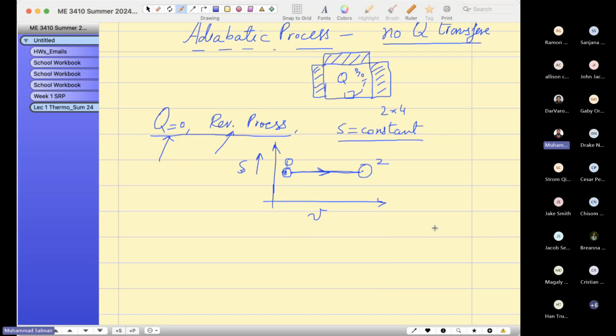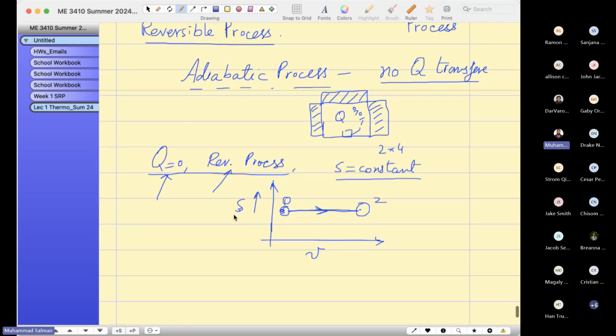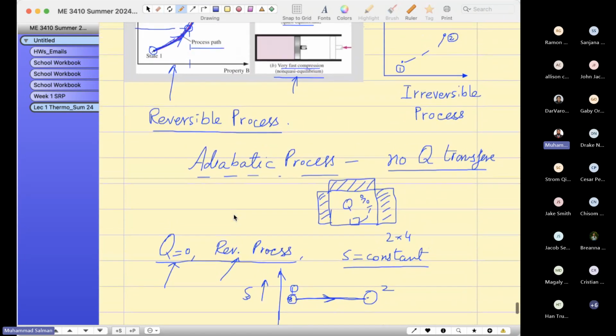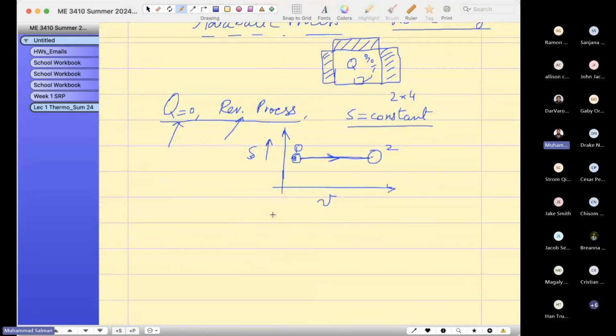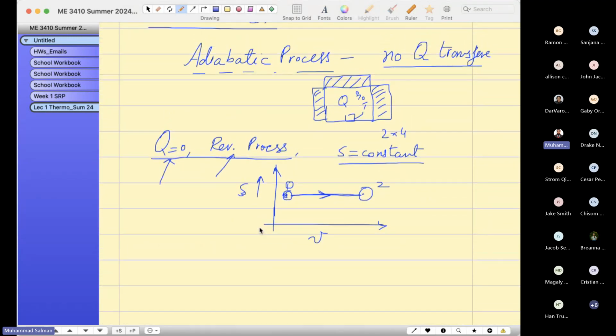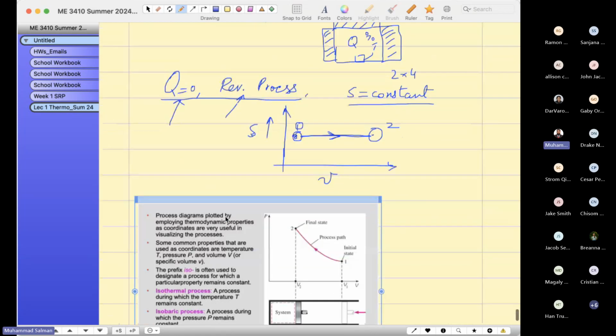We will have more conceptual comprehension later on, but I'm just alluding to the different types of process and the significance of it: if you see a constant entropy process, you should certainly say that it's a perfectly insulated process. The heat is not lost or entering the system.